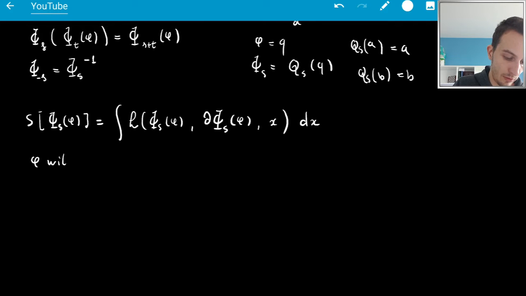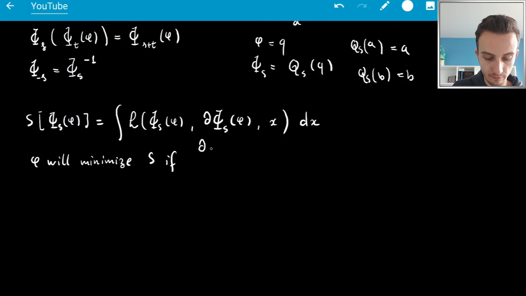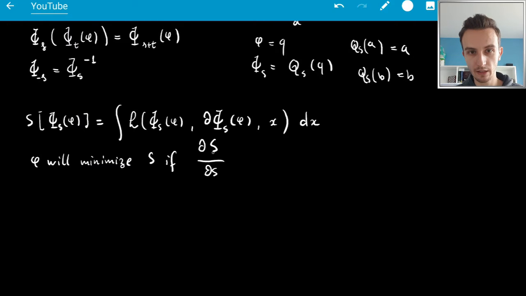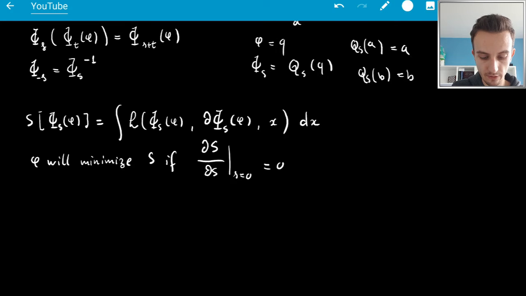So phi will minimize S if d S of phi s by ds, because you see the action itself now depends on s, small s, continuously, if this at 0 is 0.